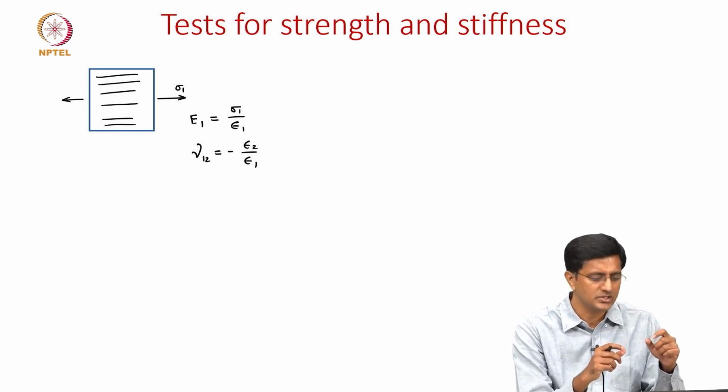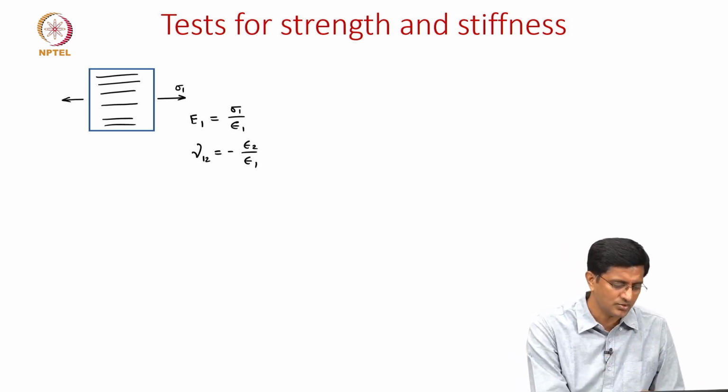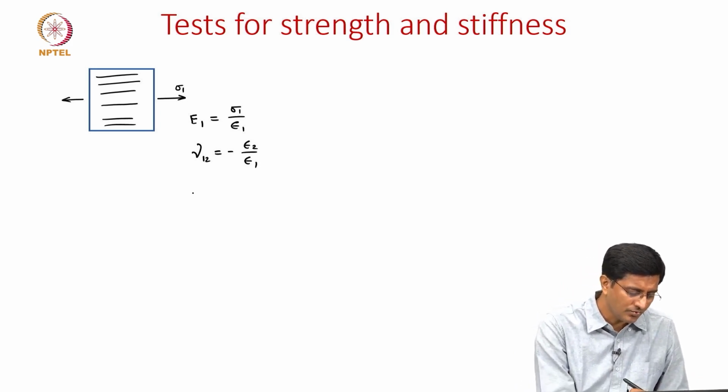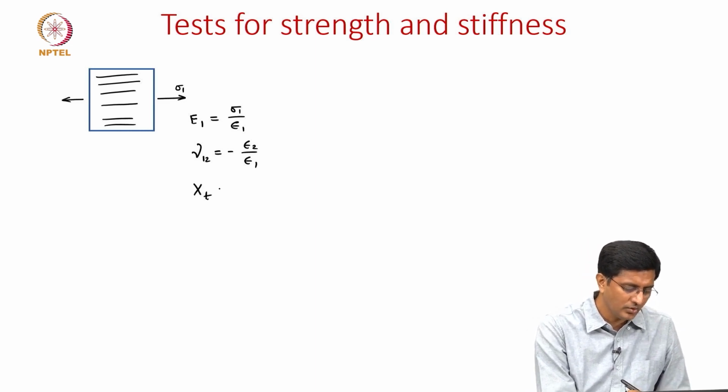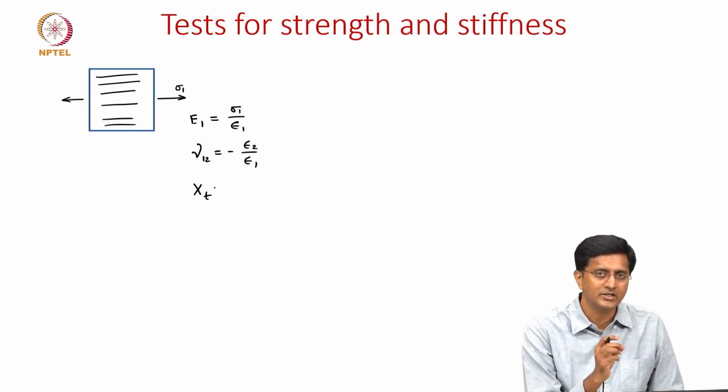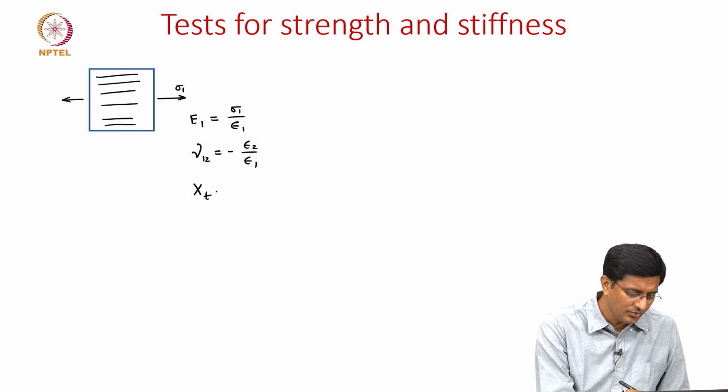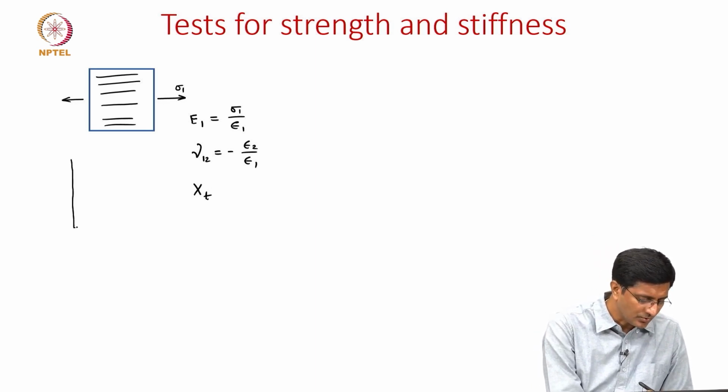If we measure both of these strains, one should be able to write this Poisson ratio nu12. But in addition to this, we can also find, in this case, XT, because if you are looking for the stress until failure, that should give you this XT value. So let's say the response of this material is something like this.